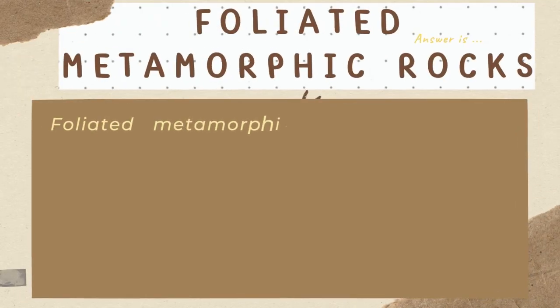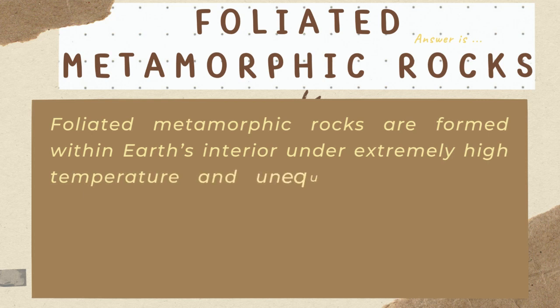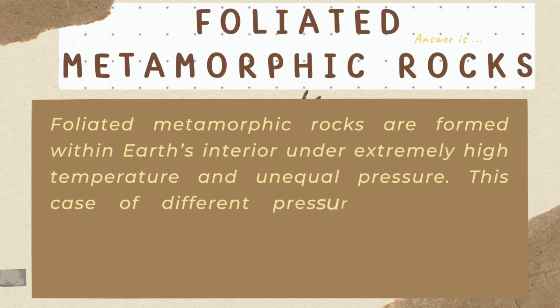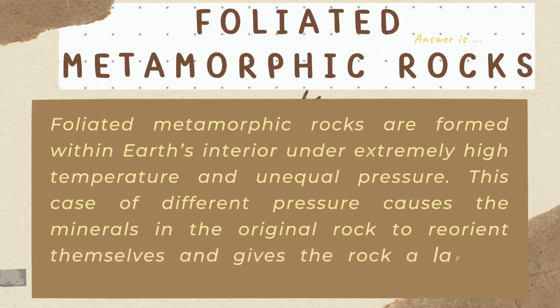Foliated metamorphic rocks are formed within Earth's interior under extremely high temperature and unequal pressure. This case of different pressure causes the minerals in the original rock to reorient themselves and gives the rock a layered band appearance.